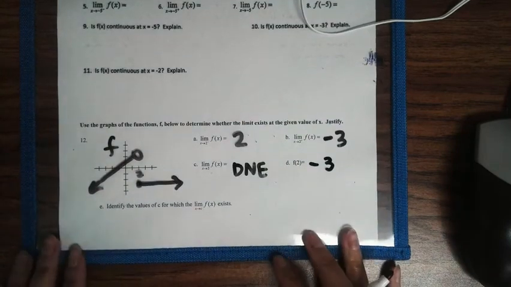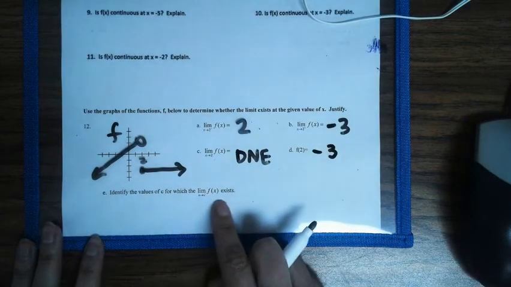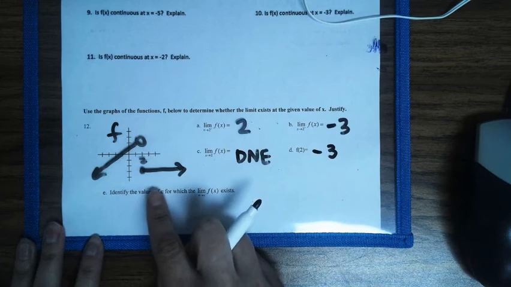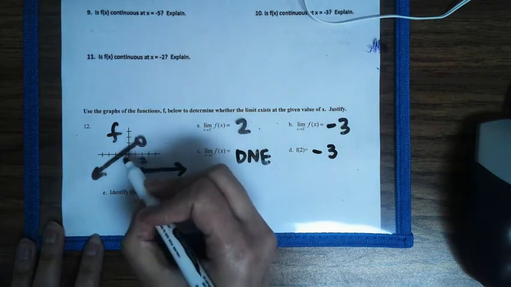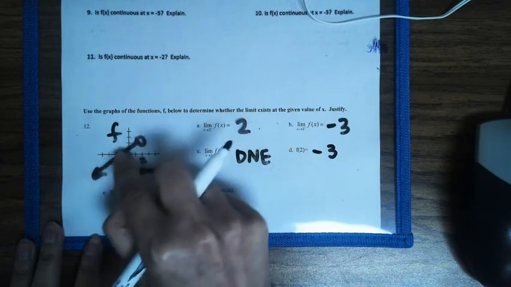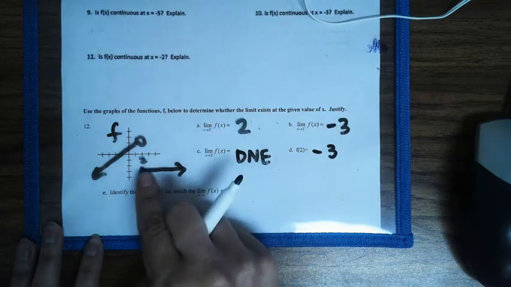In this case, identify the values of c for which the limit exists. Well, there's a lot where it exists. It exists all the way at 1, 0, everywhere, from here up to negative infinity, and basically it exists everywhere except at 2.